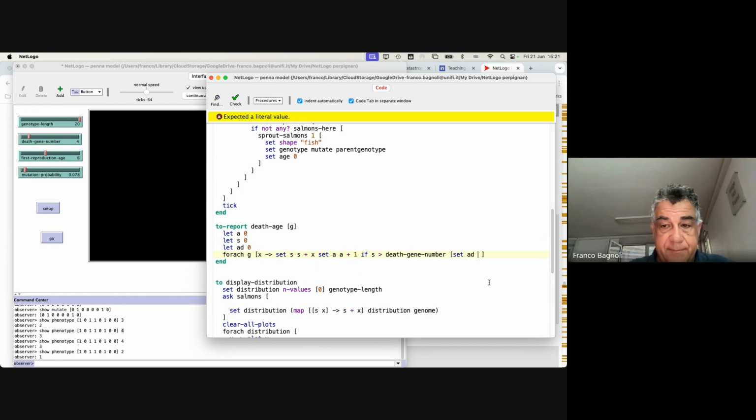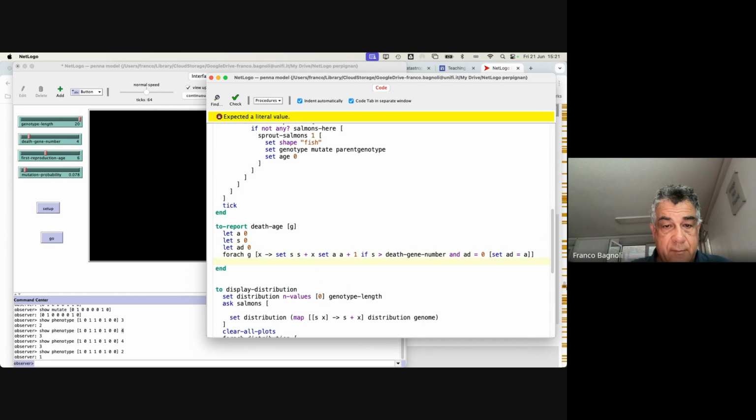Set ad equal to a. But if s greater and ad equal to 0, because otherwise I set it for all the rest, no? Yeah, it would continue to. For each. Okay, report ad.